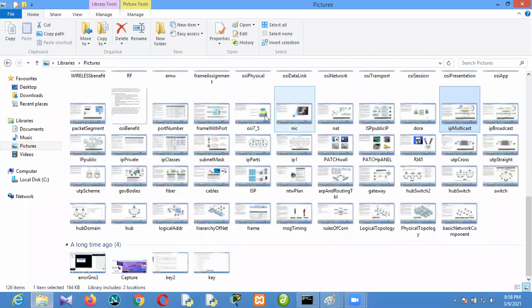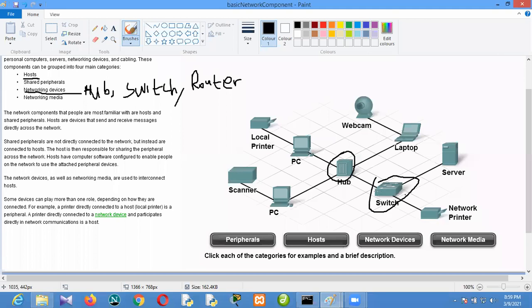I have it, but I don't know where it is. I can't actually pin it down. Anyway, hubs and switches, routers as well, are what we refer to as network devices. Sometimes they can be referred to as network nexus. They are the central place that connects hosts together.